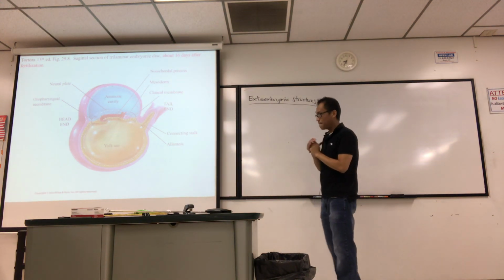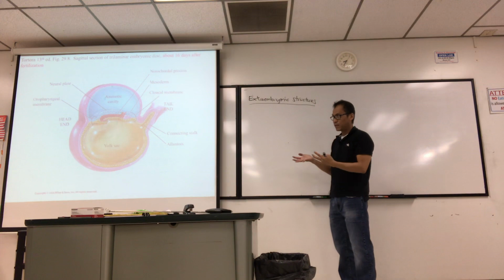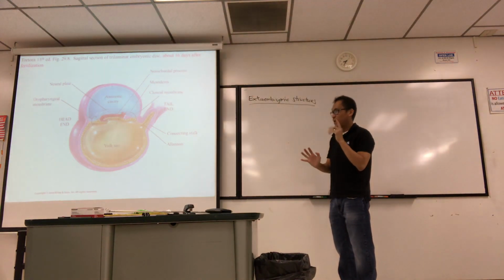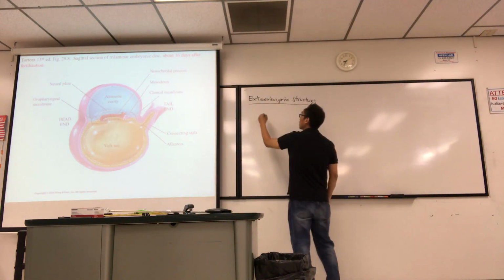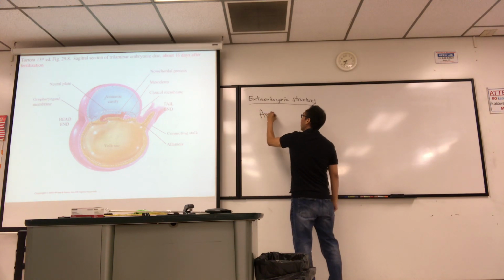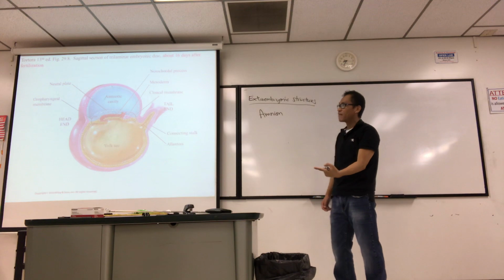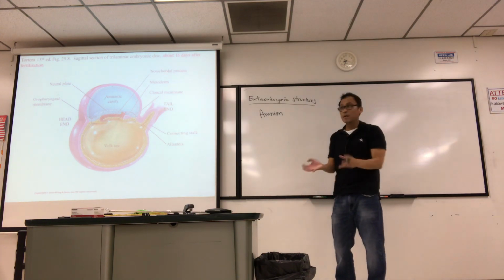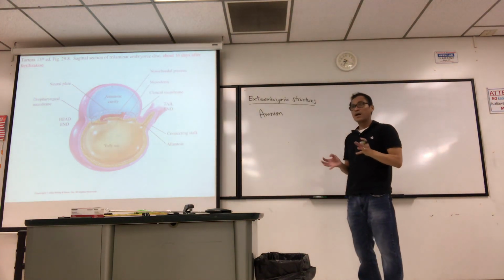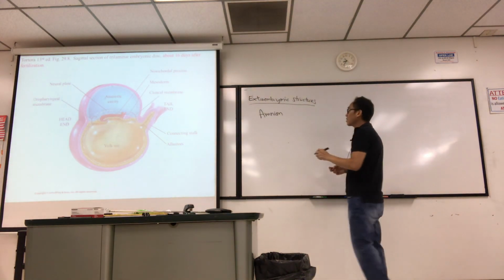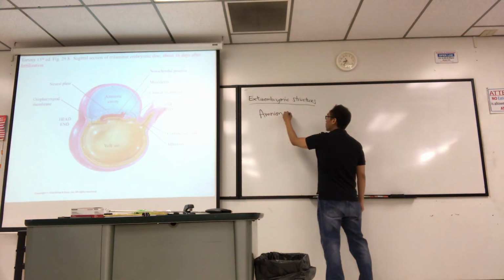Some of the four main structures that support the baby but are not part of the baby: amnion is one. You can call it the amniotic cavity if you want, because it's a space. It provides a water-filled environment for the baby. Baby's not breathing, so it's okay to be in water.